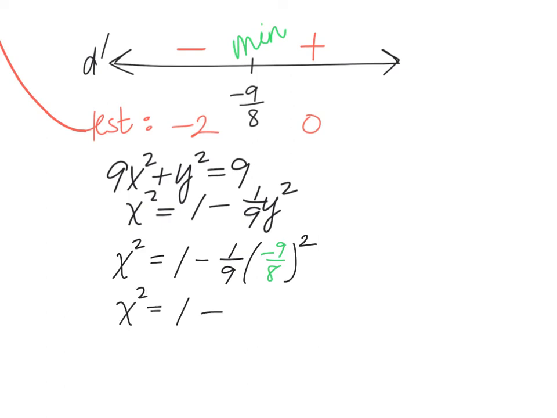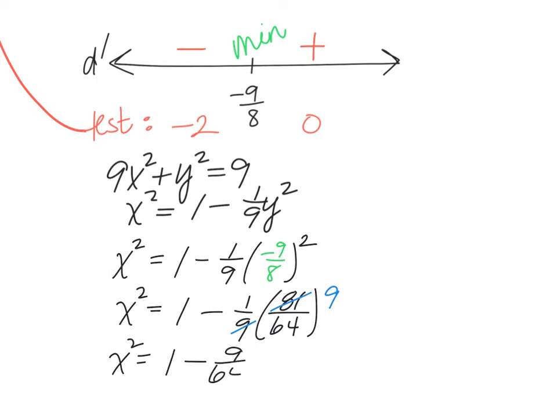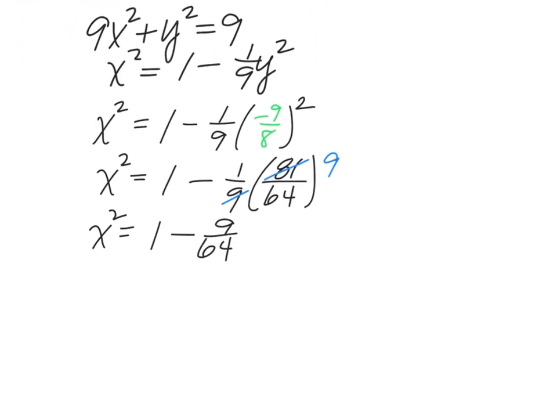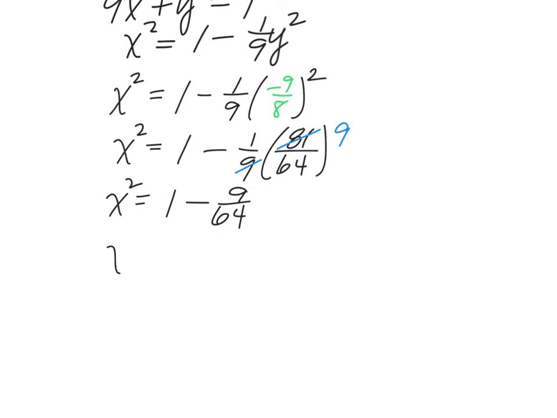So x squared is equal to 1 minus 1/9 times 81 over 64. Notice that the 9 divides into 81 9 times. So we end up with x squared is equal to 1 minus 9 over 64. And you might beat me using your calculator, but I'm going to go ahead and try to finish this by hand.